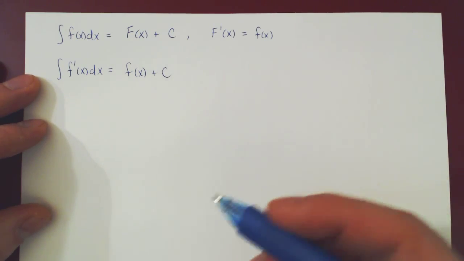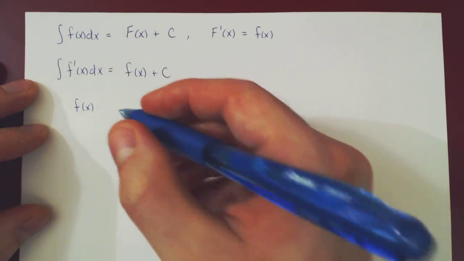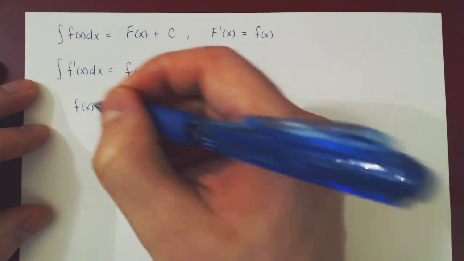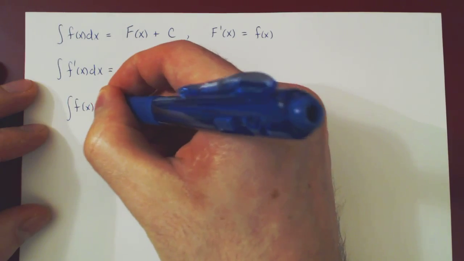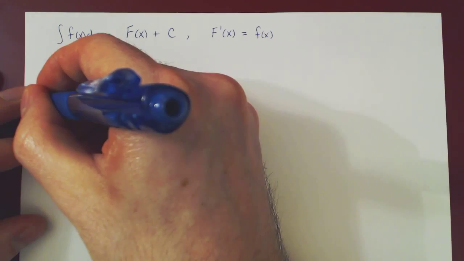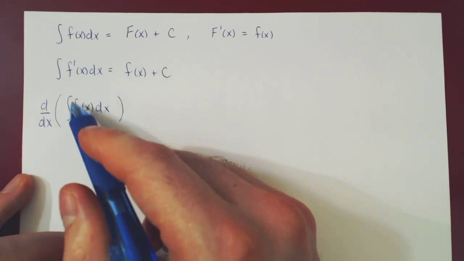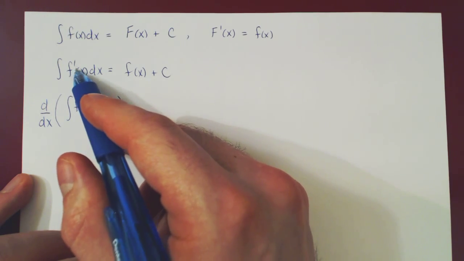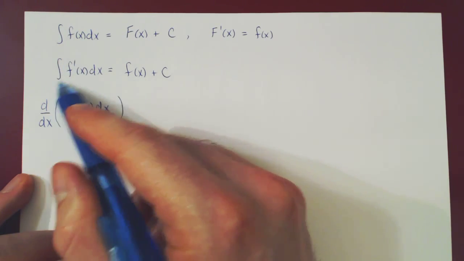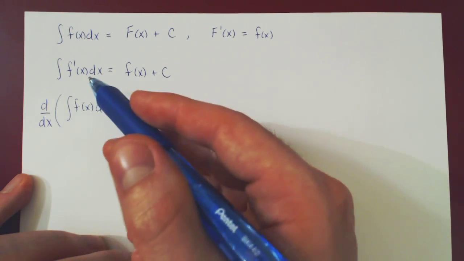What if we do the opposite, right? So what if we had f of x, then we integrated f of x first, and then found the derivative of the integral with respect to x. So we're doing the opposite. Here we had f, we took its derivative, then we integrated, we got f back up to a constant. Now we're doing the opposite.